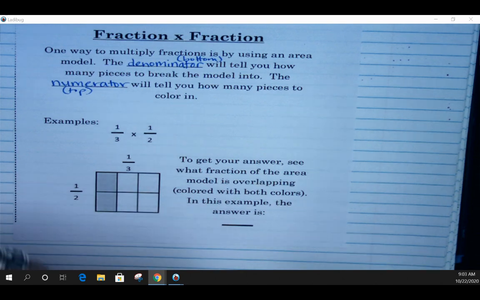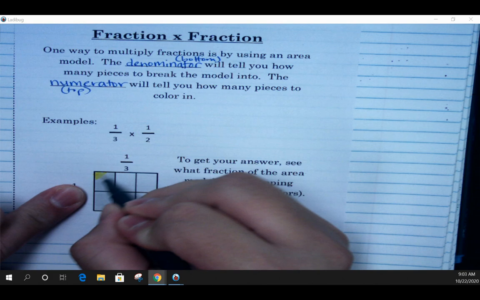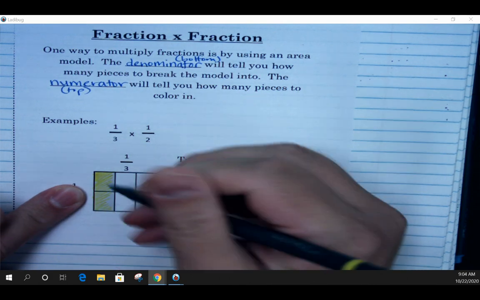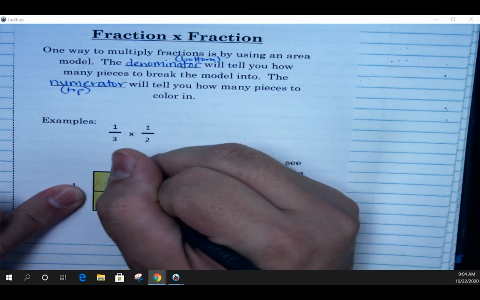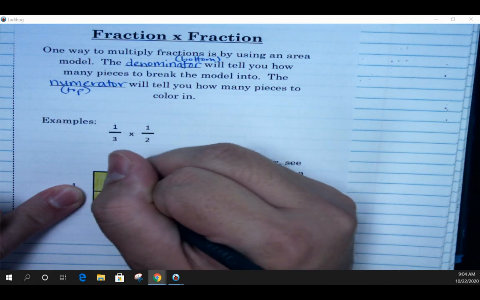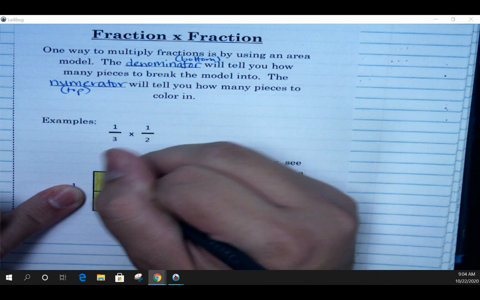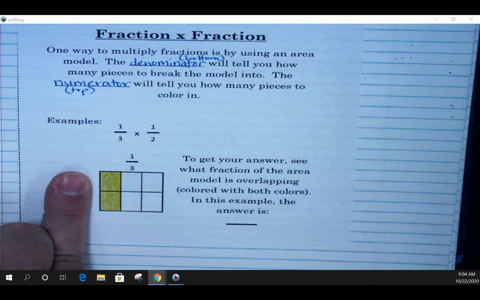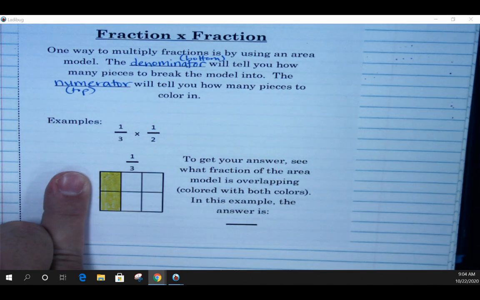And I'm going to take my yellow and shade 1/3 of this rectangle. In a minute when we draw our own, it'll be better for you to see, but this is to get us started. Okay, I did it. It doesn't have to be perfect, but that would be 1 out of 1, 2, 3. Does everybody see that?